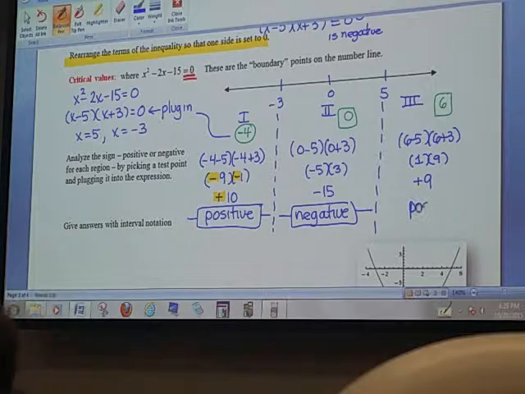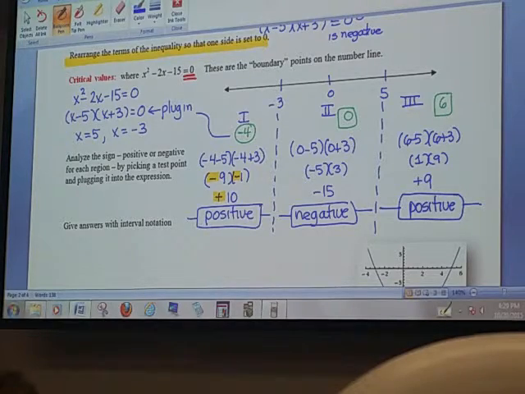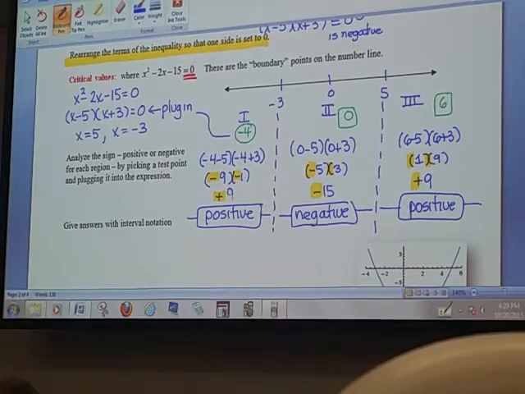So now I get a positive answer. Okay. And again, the only thing I'm interested in is the signs. In other words, negative 9 times negative 1, yes.